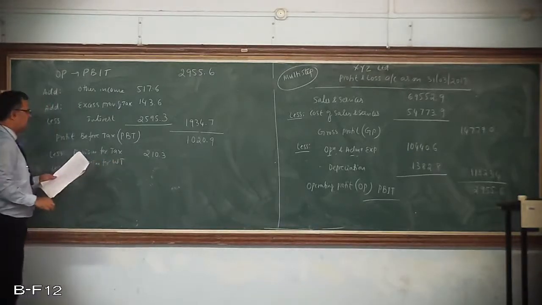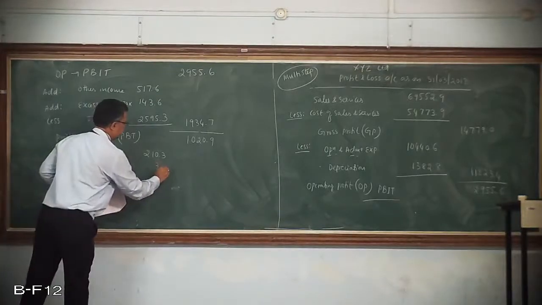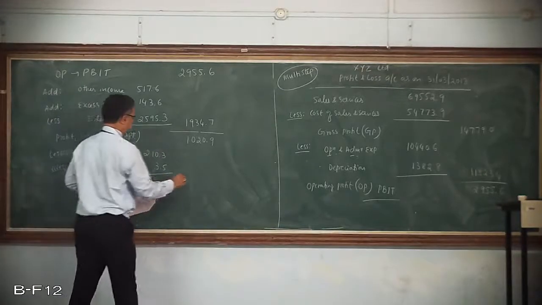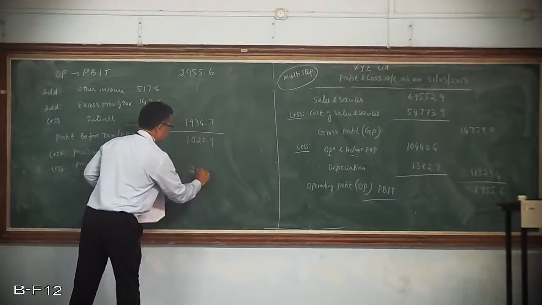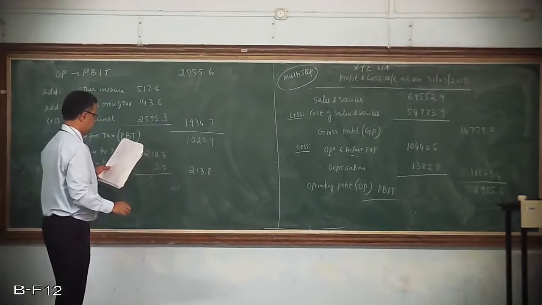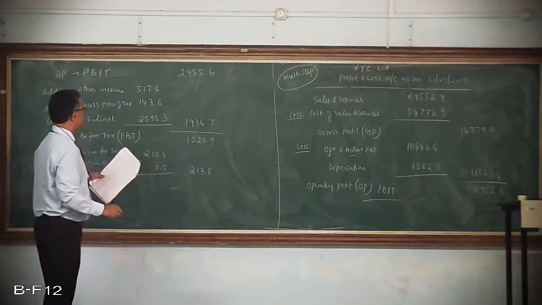I'm going to write WT, wealth tax, 3.5. So it is equal to 230.8. How much wealth tax?